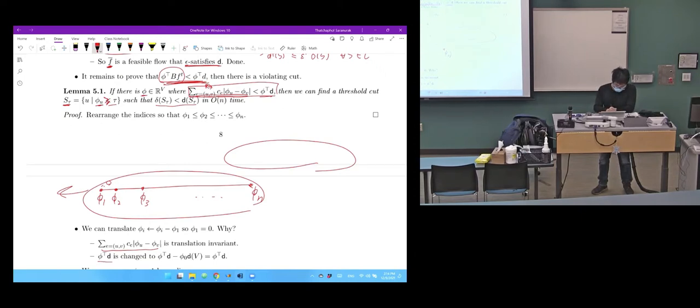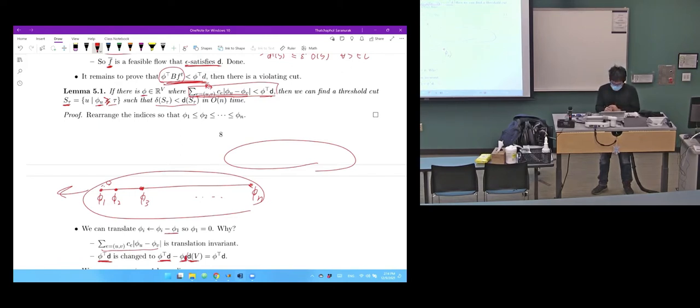But how about this thing? It's going to change to this term times this thing. Every guy is shifted by minus phi 1.